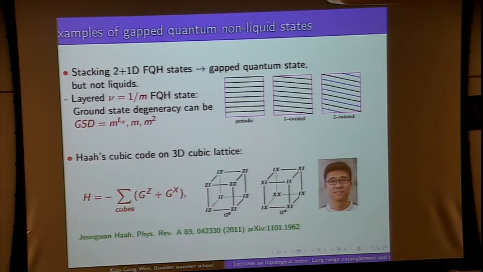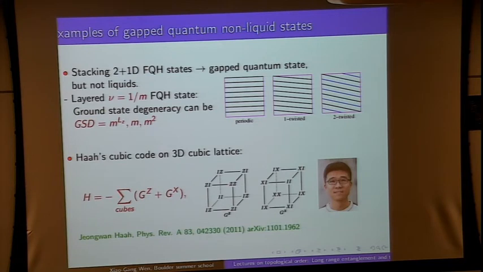These terms act on 8 sites. This 8-site operator, on each site having 2 spins, is something like Z and I, so ZZ. So this kind of tensor product of operators enters here. G_x is a similar thing but with X. One can show that this again is a commuting projector Hamiltonian, so this is exactly soluble.